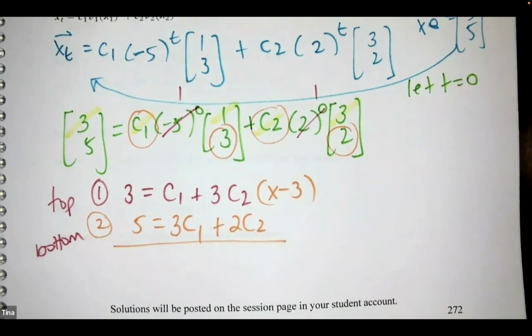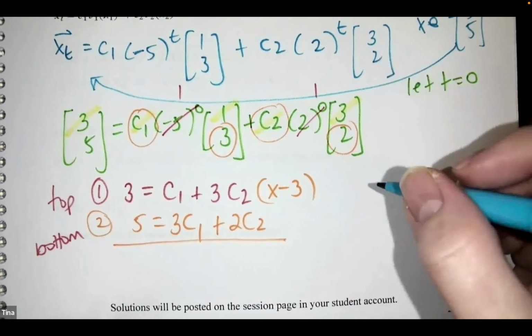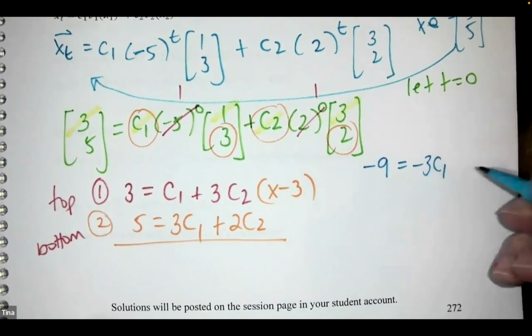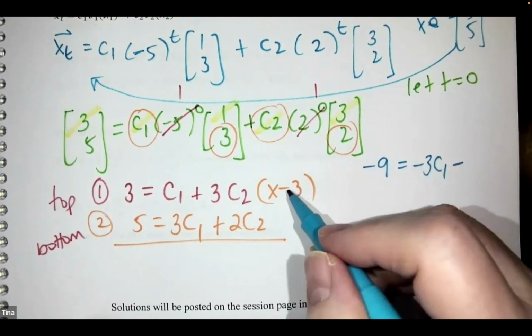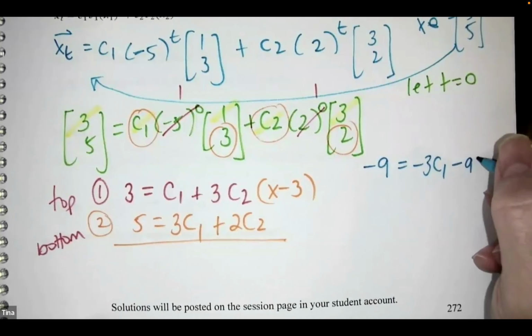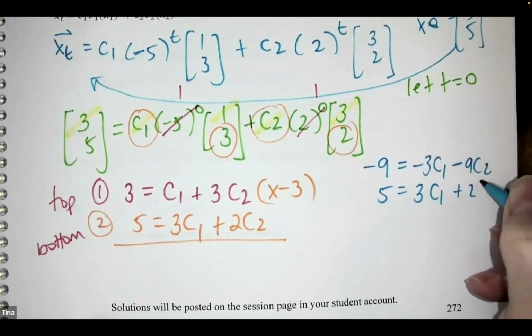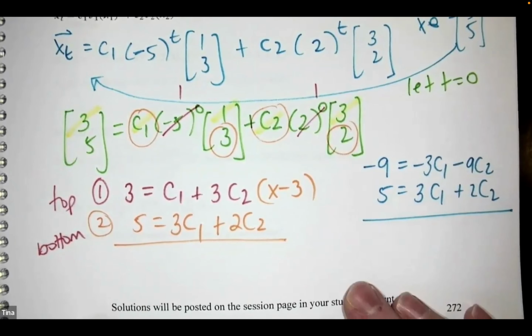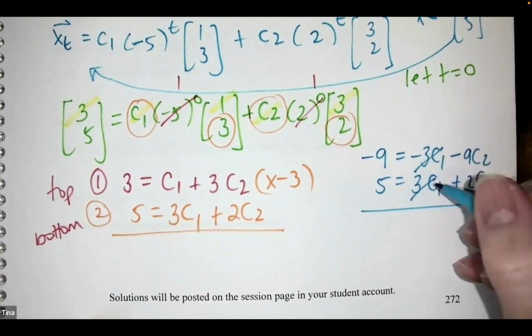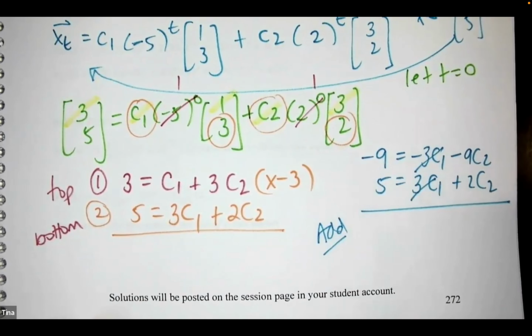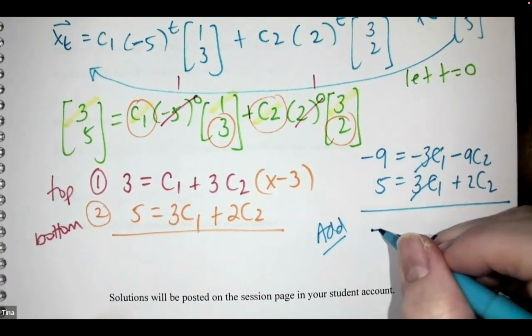If they're both positive or both negative, you have to subtract. So 3 times -3 is -9, -3c1, and then minus 3 times -3, so -9c2. And so second one just stays. So again, because they're opposites, we can add.